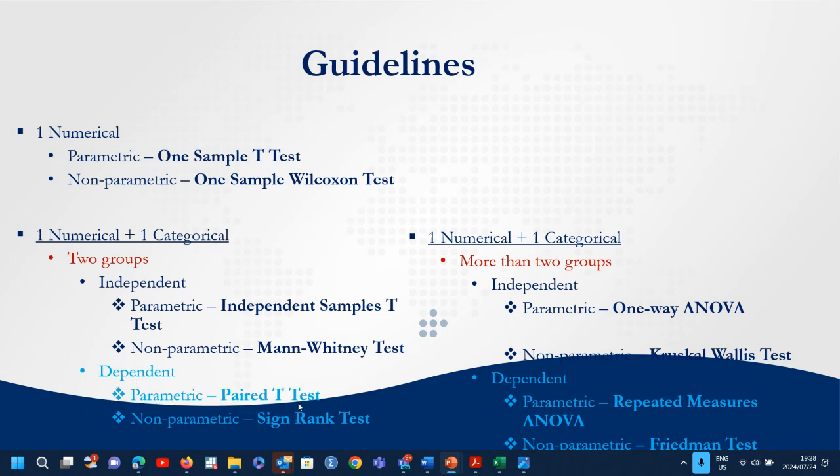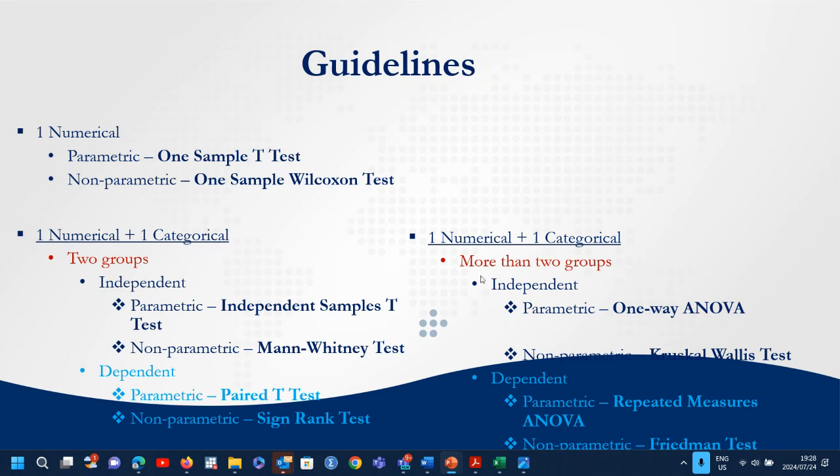So it's a t-test because it's two groups, but now this one was one sample. Independent sample t-test is when you have two groups. Paired t-test is when you have two groups, but the groups are dependent. On the other side, it's still bivariate. You have a numerical variable and you have a categorical.